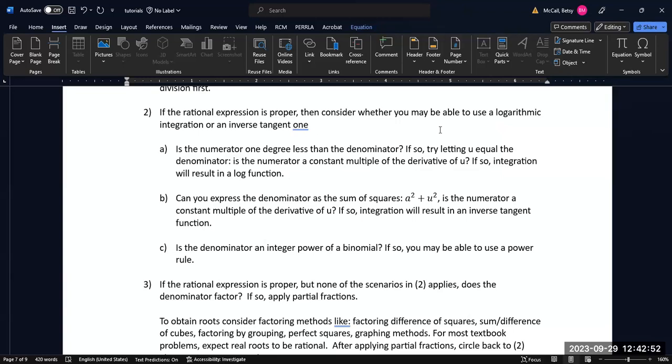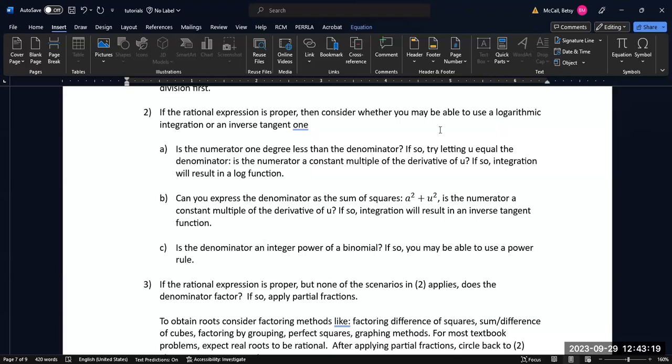If it's a log function that you're going to end up with, you want to check the denominator. If I take the derivative of the denominator, do I get a constant multiple of the numerator? If you do, then you can just let u equal the denominator, do your substitution, and you end up with a log of the denominator, give or take a constant.